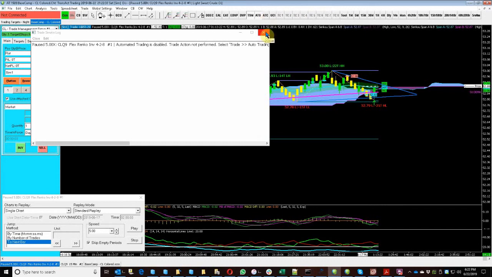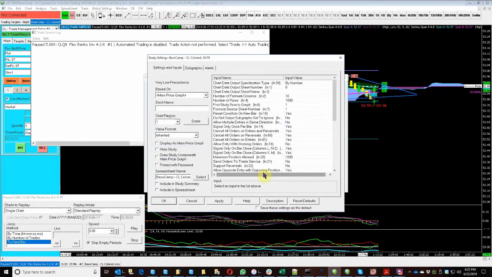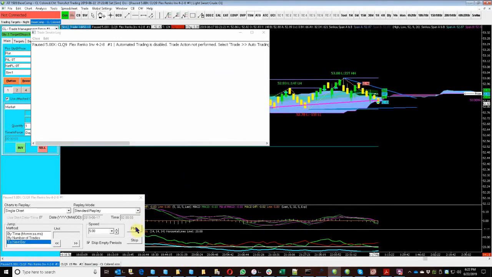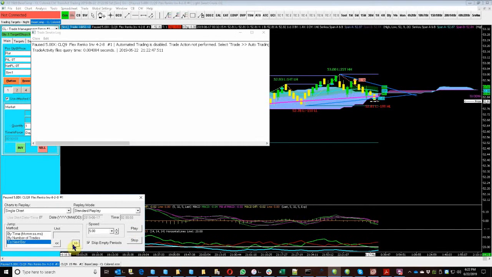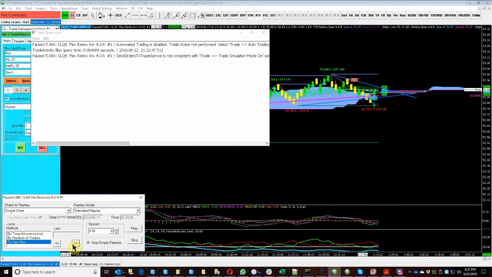Okay. So there's several different things. For example, you're setting your send orders to trade service as yes, and it's not set right, and you're in trade simulation mode, there you go.